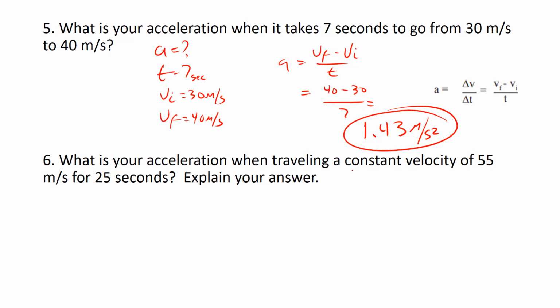What's your acceleration when traveling at a constant velocity of 55 meters per second for 25 seconds? Explain your answer. So V equals 55. This is not a problem you'd have to do math on. It doesn't change. VI equals 55 meters per second. VF equals 55 meters per second.